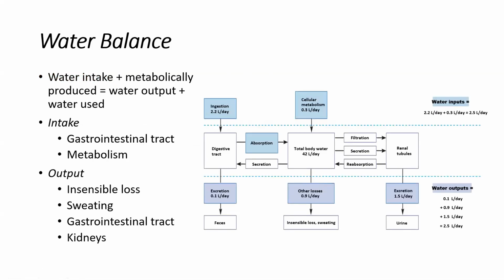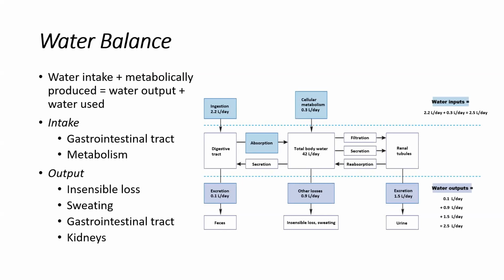All right, so going back to this water balance and this flow chart that we talked about. The inputs of water in the body are from the GI tract, so whatever you bring in from the diet, and then from metabolism as well.